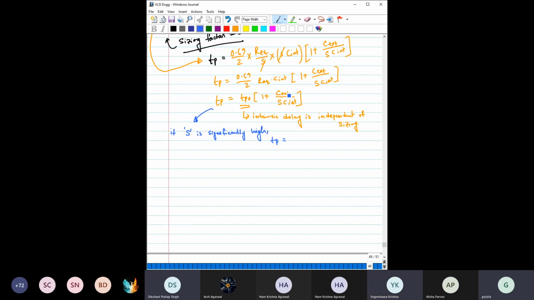Then this 1 plus C external by S C internal factor may be less than 1. Then in that case, you can possibly get Tp nearly equal to Tp naught. That means the total propagation delay would be now equivalent to that of its intrinsic delay, right?